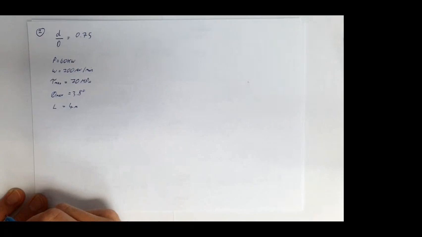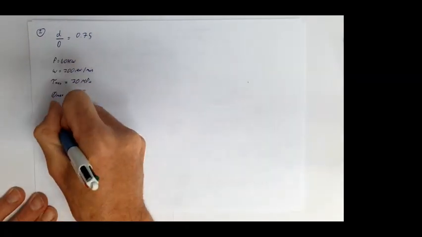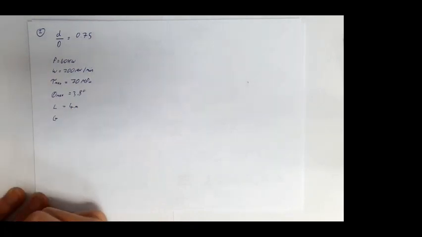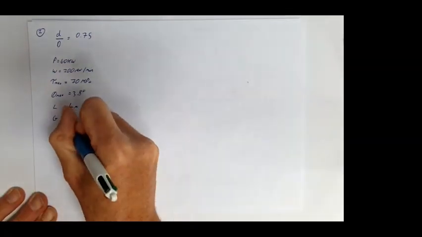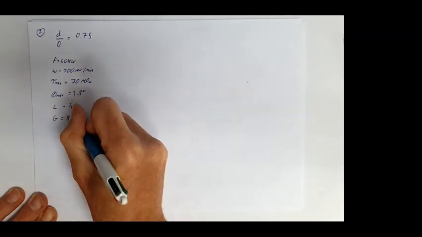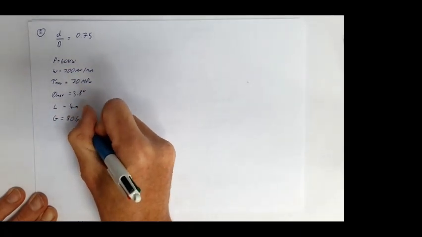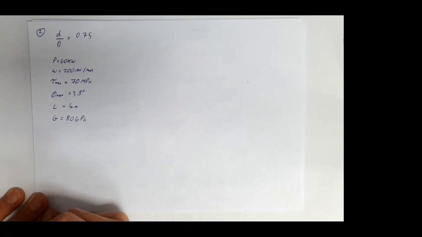What we're not told in the question, actually we would need in this question, is what is G? What is the shear stiffness? Clearly we need to know how stiff this material is that this shaft is made from. And what we're going to assume is that this is 80 gigapascals. Okay, let's assume it's made from steel or something like that. So G is 80 gigapascals.